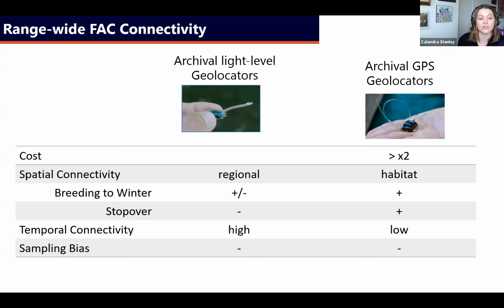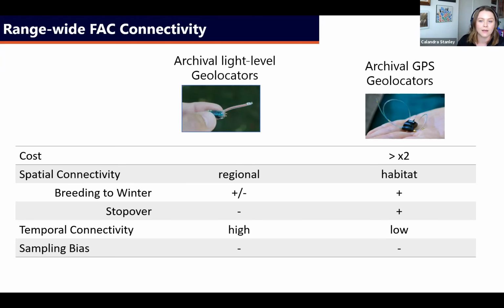So we lose information about where individuals are dying, and it means that we're only getting information for individuals that survive and return to our study area. And it can also lead to preferentially deploying at sites or on individuals where we expect to have high return rates. And so all these ideas need to be weighed when choosing a technology for answering these questions of migratory connectivity.